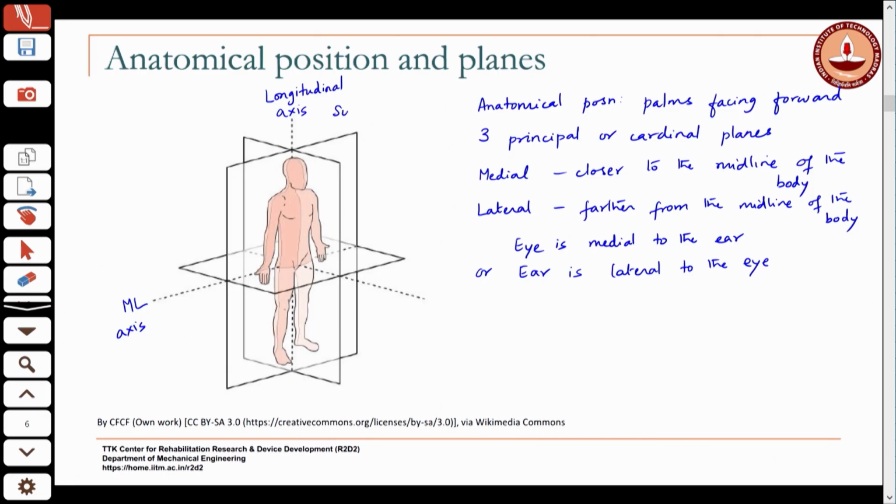This direction is superior, this direction is inferior. So, when you talk about something with reference to the longitudinal axis, then you are talking about a location that is superior or inferior. By the same token, the eyes are superior to the nose.